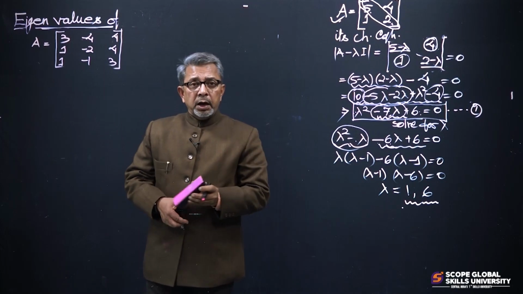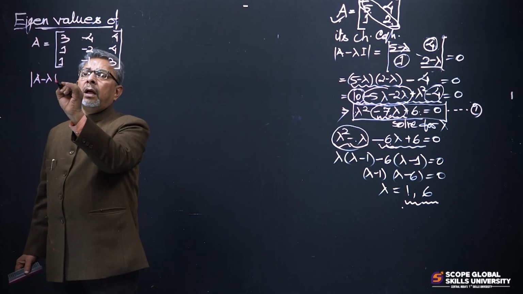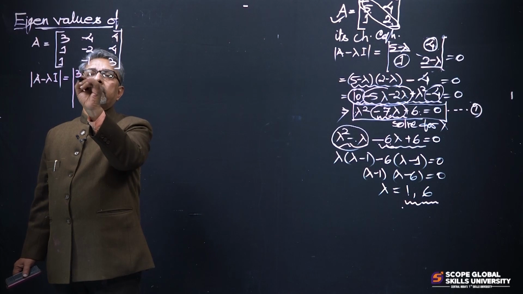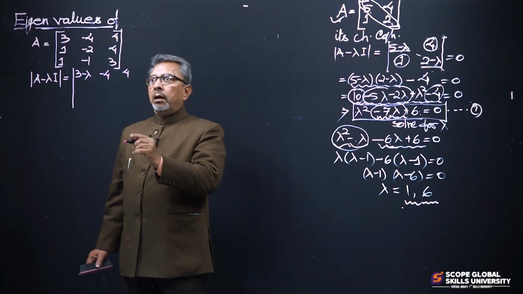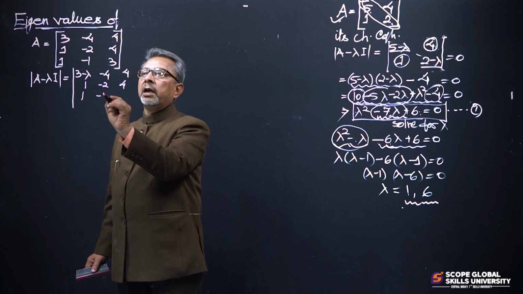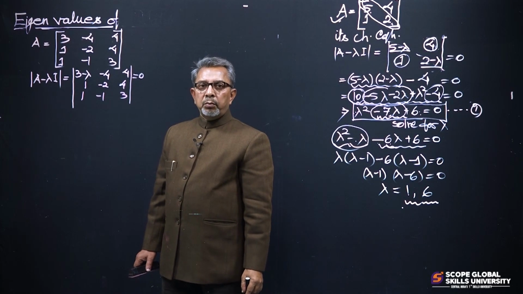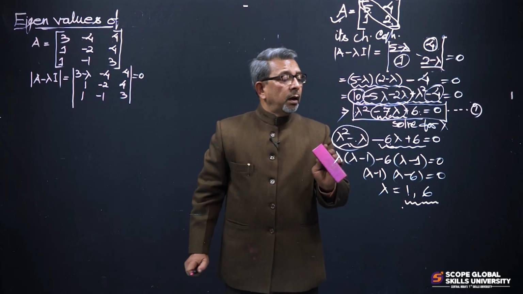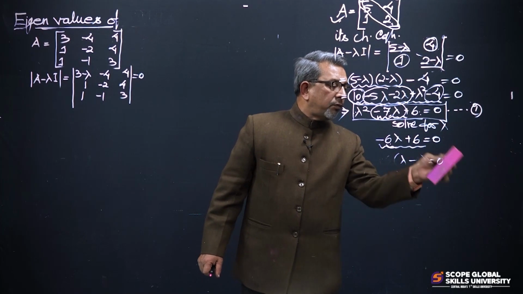And if we construct its characteristic equation, that means determinant of A minus lambda I, it can be written in the form of the determinant of 3 minus lambda, minus 4, 4, then 1, minus 2 minus lambda, 4, then 1, minus 1, 3 minus lambda is equal to 0, the required characteristic equation with respect to this given matrix A. Now, we simplify this equation, which contains a determinant of order 3 by 3.